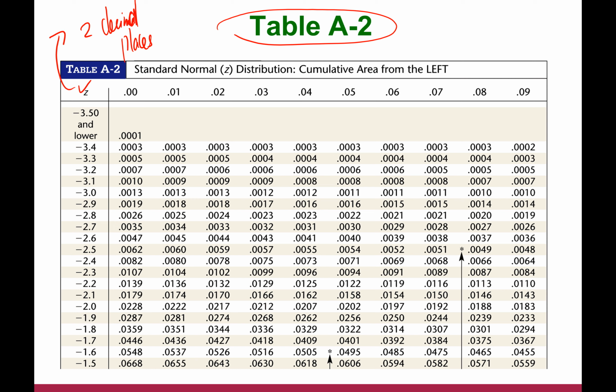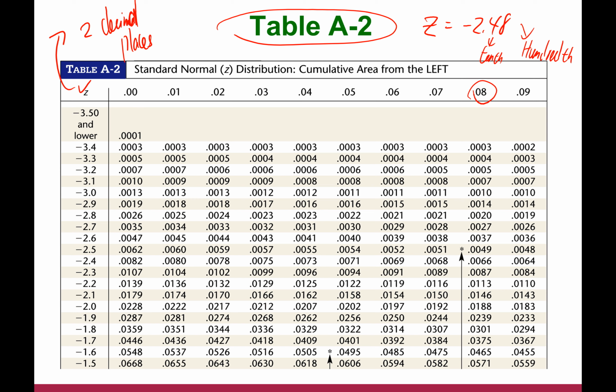So if, let's say, the z-score is given to be negative 2.48, now you have 2 digits here, the 10th digit and the 100th digit. The 100th digit is 8, right? You locate it on the first horizontal line the whole number, and then the 10th digit you locate here.